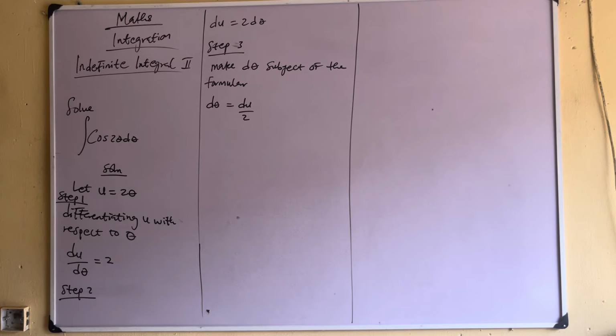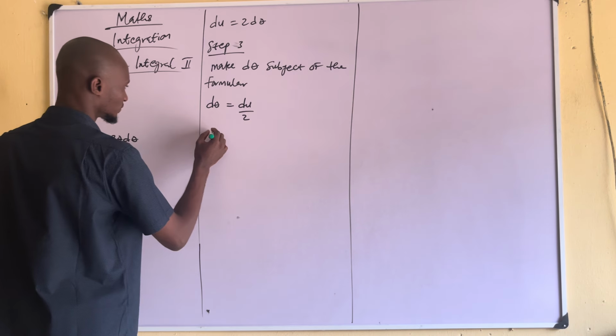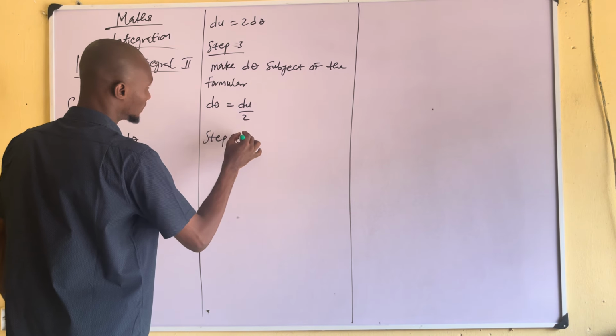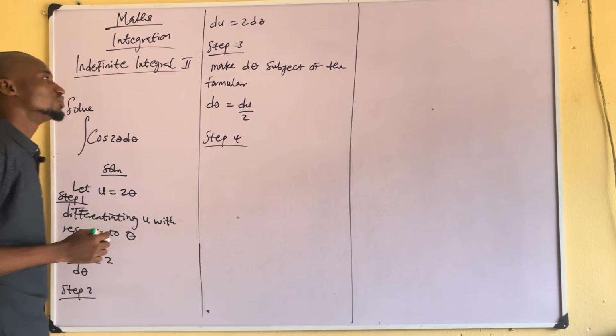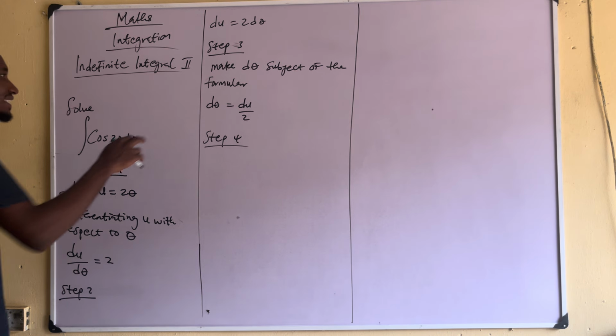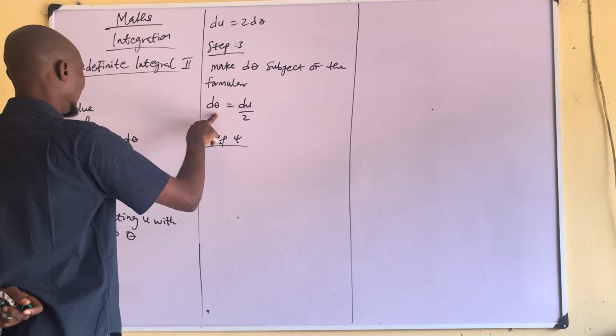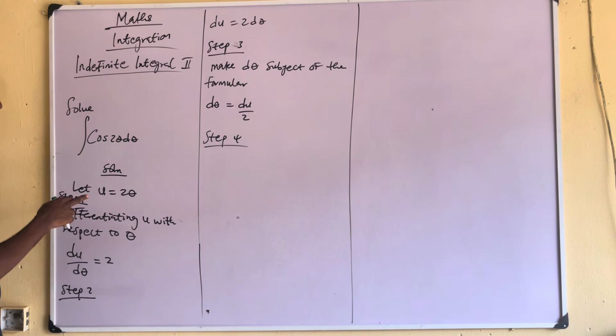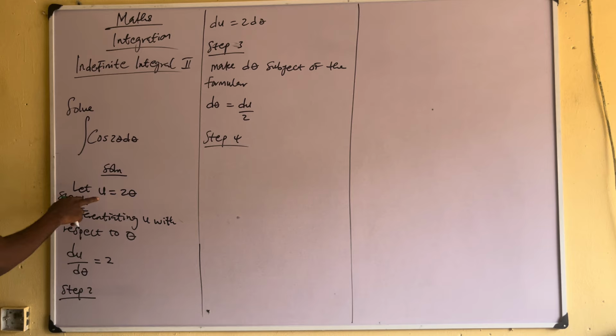Now, the next step, which is step 4, you say substituting u and d theta in a new integral. You understand?